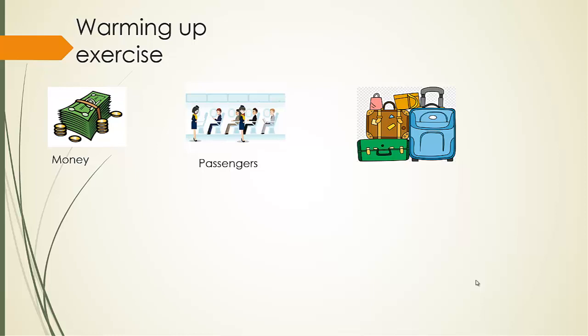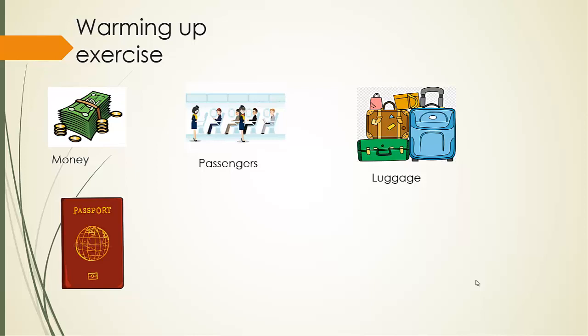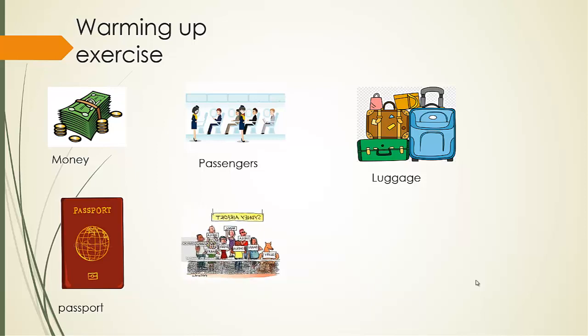Picture 3, what's this picture about? Yeah, it is luggage. Yeah, this is easy. Passport. And this picture is about arrivals.